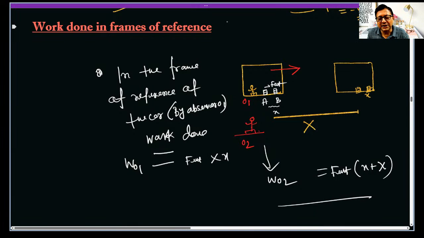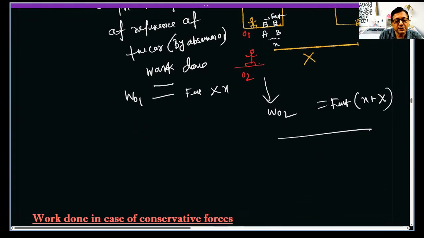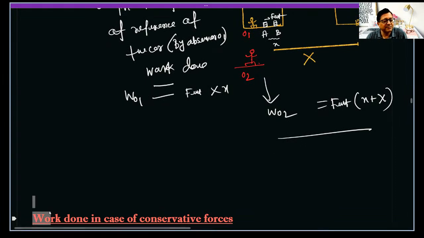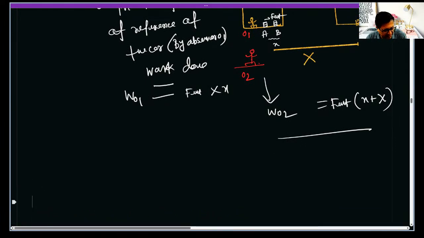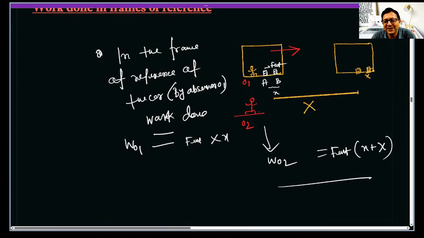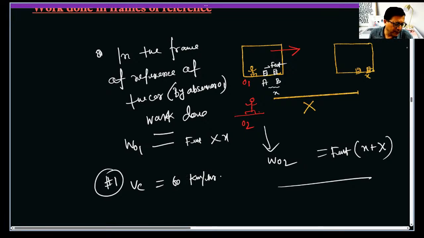I will just give you one simple example based on this. Suppose the car in the diagram, the car is not very prominent here, okay, imagine this is a car. The car in this diagram is moving with a speed of 60 km per hour.